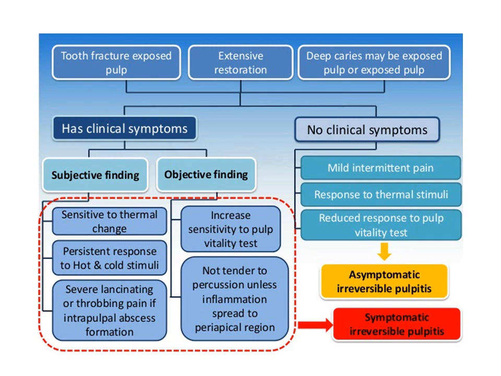By the way, the response to thermal stimuli is there because there is a dilatation of the gases and the fluid inside the pulp, and those can cause the pain, not because some nerves are still vital in the pulp. Remember this.